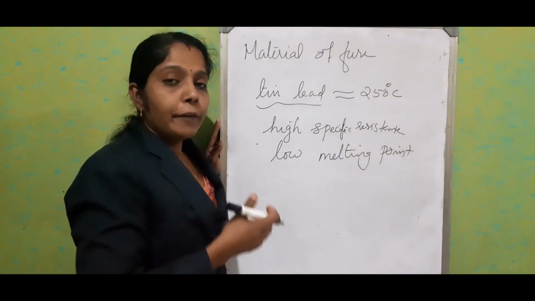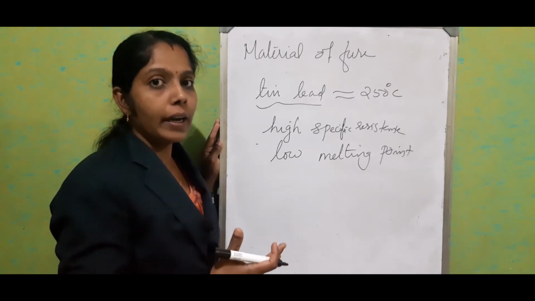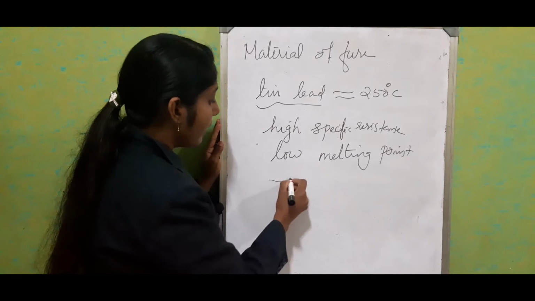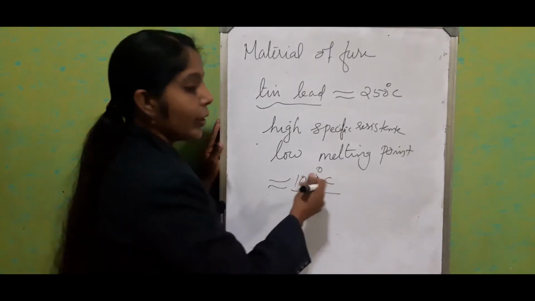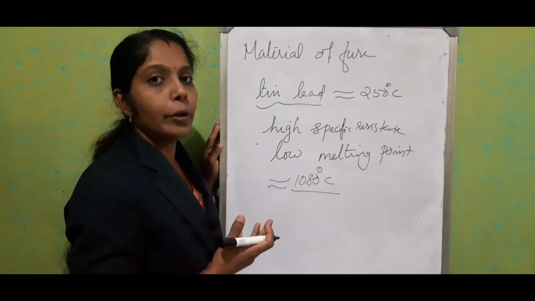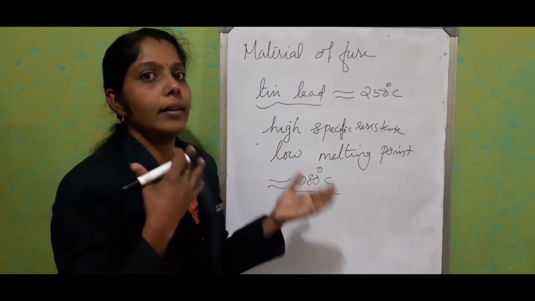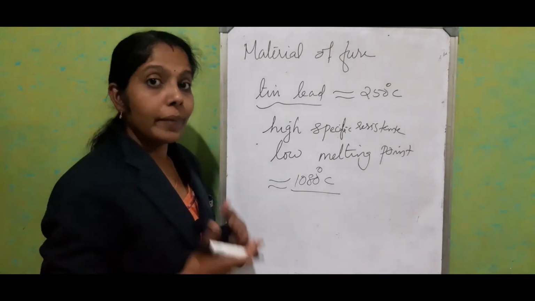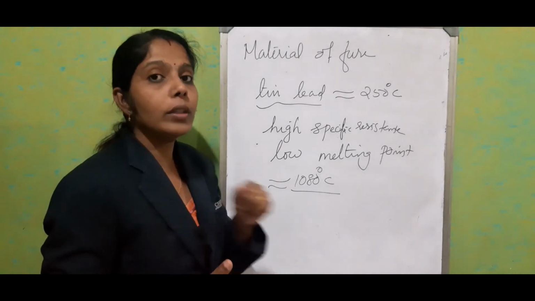If we use wires like copper wire or aluminum wire, the melting point is in the range of 1080 degrees Celsius. So it's a much greater value compared with the alloy of tin and lead. So we have to avoid using copper and aluminum. That's the reason we are not using them, and moreover they have more thickness.